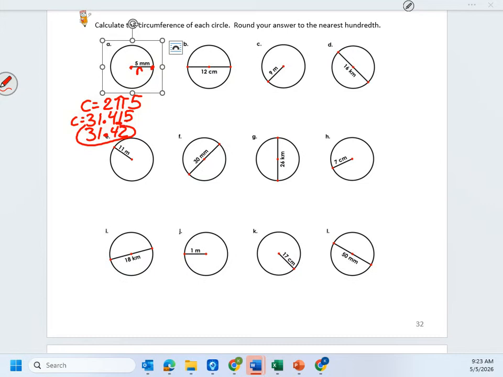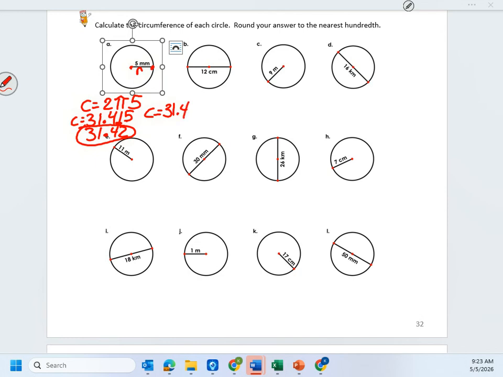So 31.42. Now, let's try it using 3.14. So 2 times 3.14 times 5. What do you get, Jackson? 31.4.